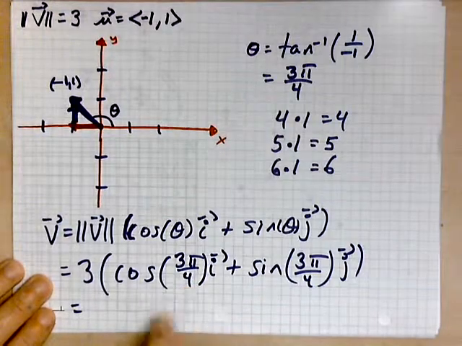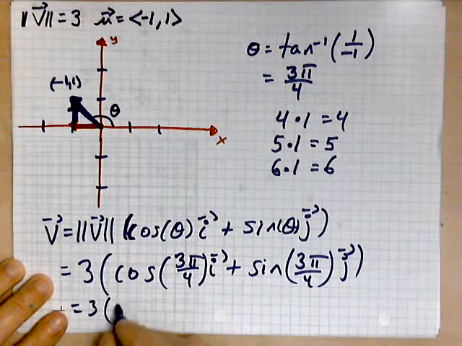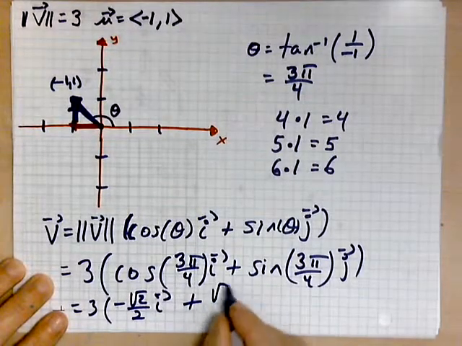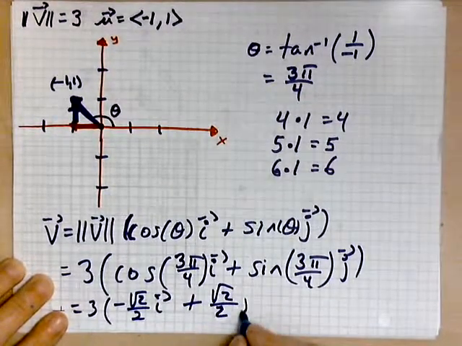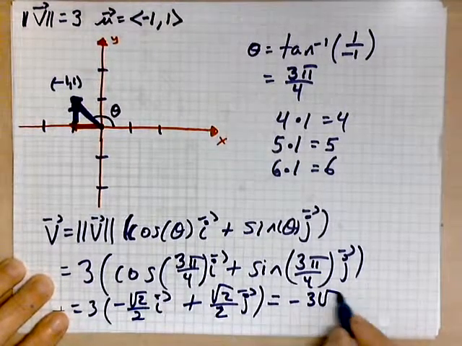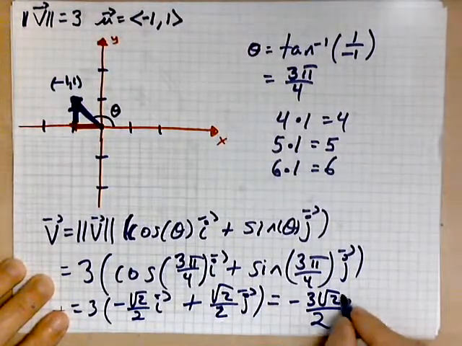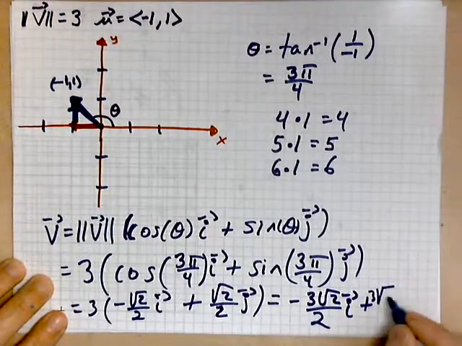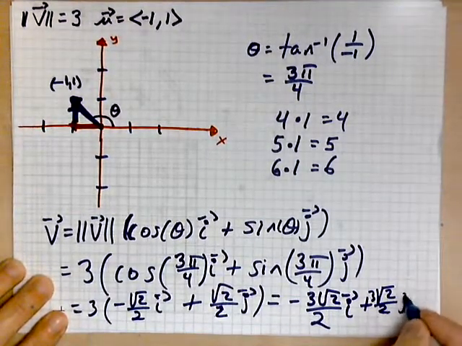Now cosine of 3 pi over 4 is negative root of 2 over 2, and sine is root of 2 over 2. So you end up with negative 3 root 2 over 2 i plus 3 times the root of 2 over 2 j.